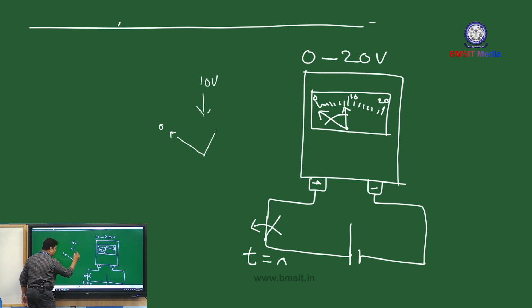slightly. First it will deflect above 10 volts, then it will deflect below 10 volts, again it will go above 10 volts, and again it will come below 10 volts. After some such oscillations, finally the pointer will settle down to the exact final voltage that I have applied to the circuit.